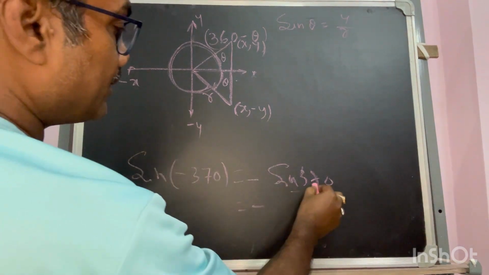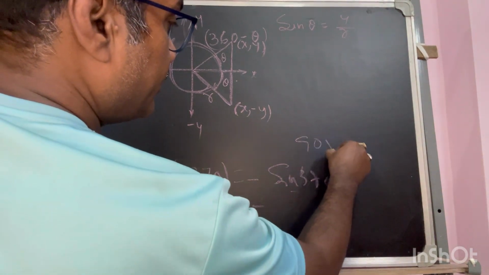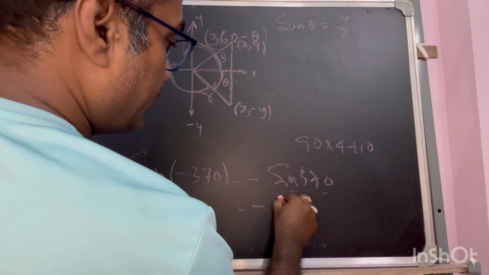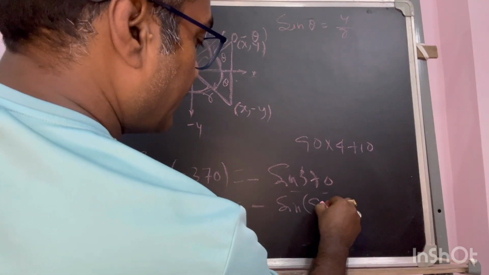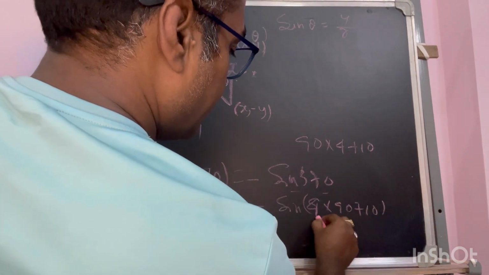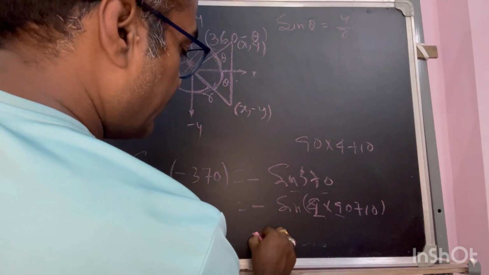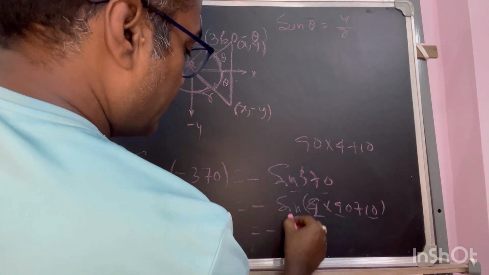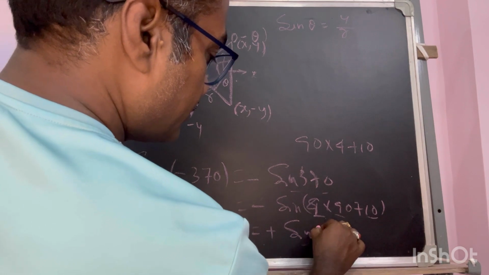Okay, now accordingly, what is that? 90 into 4 plus 10. So minus sine of 4 into 90 plus 10. For any even multiple of 90, sine will be sine, and for the fourth quadrant it will be plus.